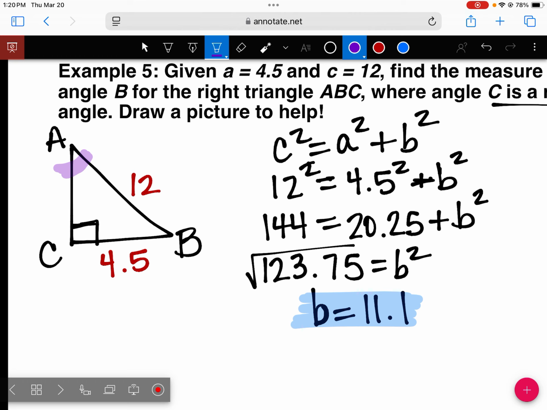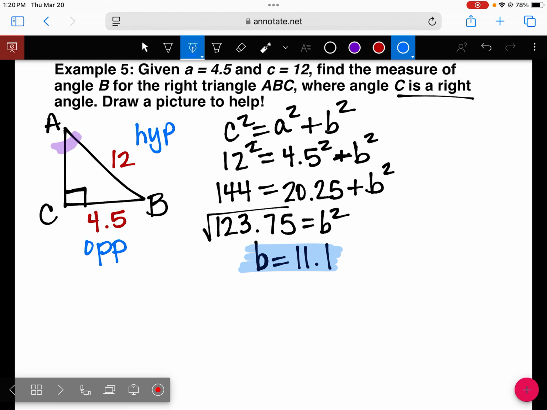The 4.5? Opposite. And what's the 12? Hypotenuse. What trig ratio uses opposite and hypotenuse? Sine. So angle A is going to be the inverse sine, because remember, inside inverse, of 4.5 over 12.